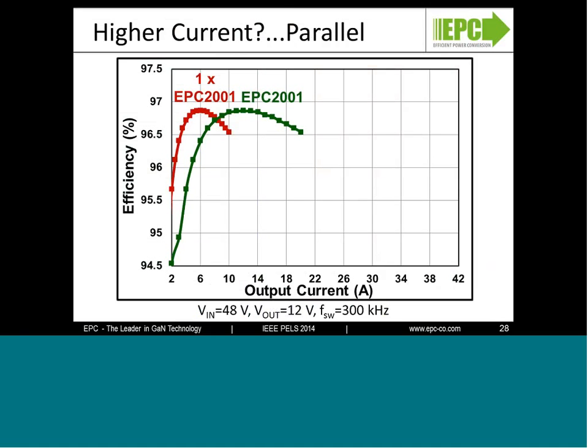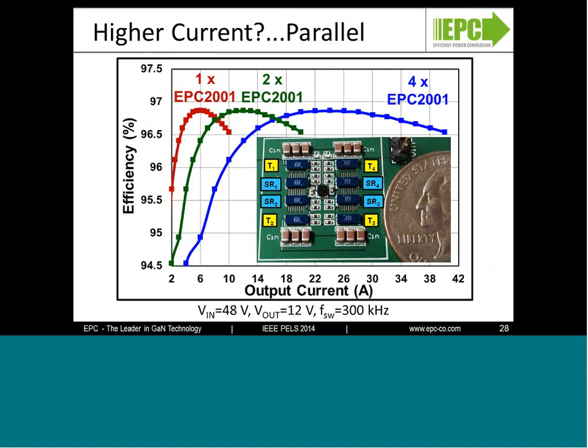Using 2 in parallel, we can push around 20 amperes. And then we've also demonstrated that we can effectively parallel 4 of our devices. So we have 8 total devices, and we can push 40 amperes out at 48 volts. So you can push a significant amount of power very efficiently and effectively by using these high-speed GaN devices.